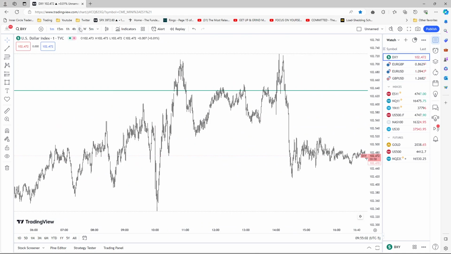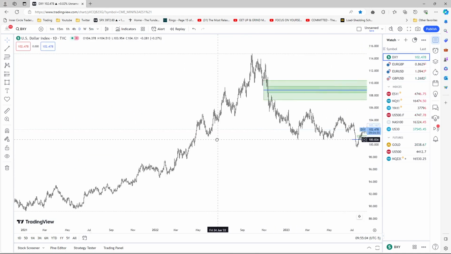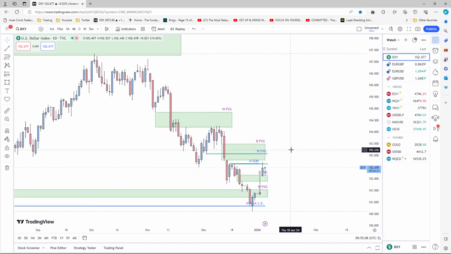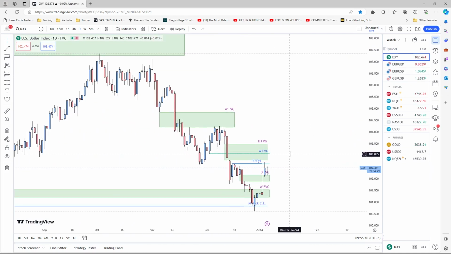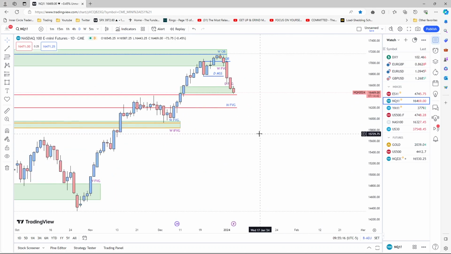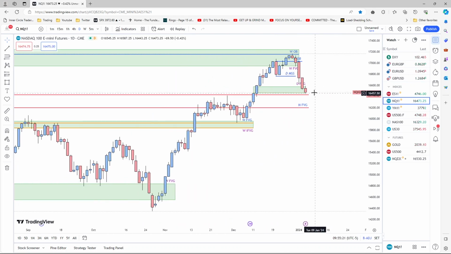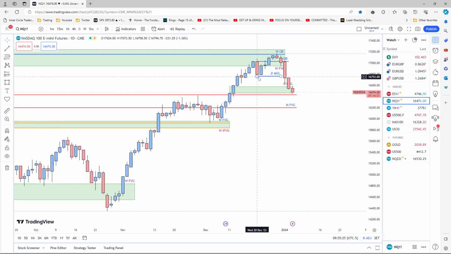Now we can go back up to a daily chart, and we are done with dollar index. We can move over to NAS. NAS was the first chart to take out this low and give me this market structure shift.